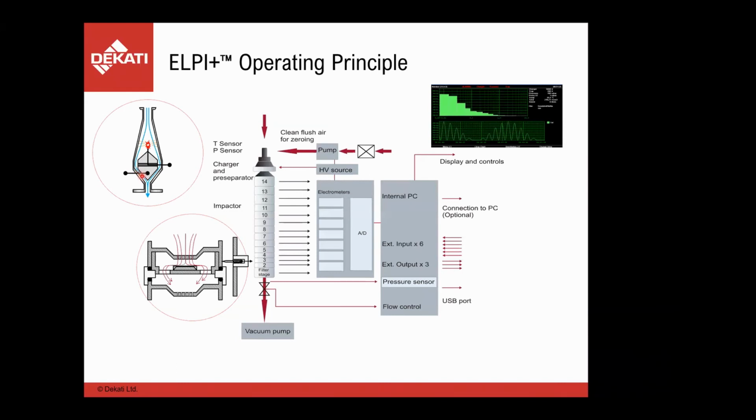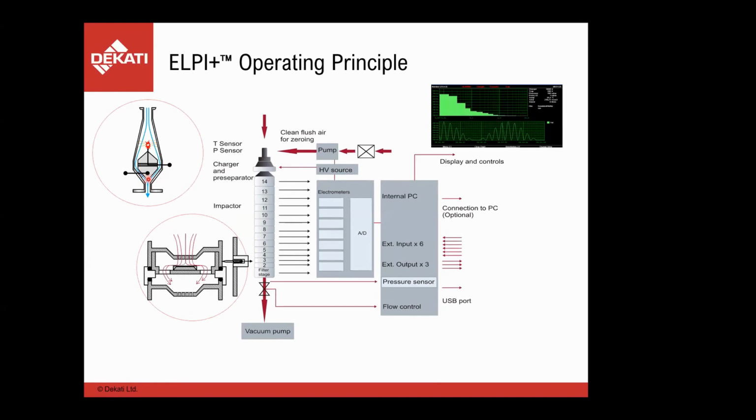We have a small trap field here to collect excess ions, and the charged particles then enter into the cascade impactor. I try very hard nowadays when I'm talking about this, because we always used to say corona charger, but now talking about corona chargers and corona needles is not very amusing, so we try to avoid using that. So it's a diode unipolar charger.